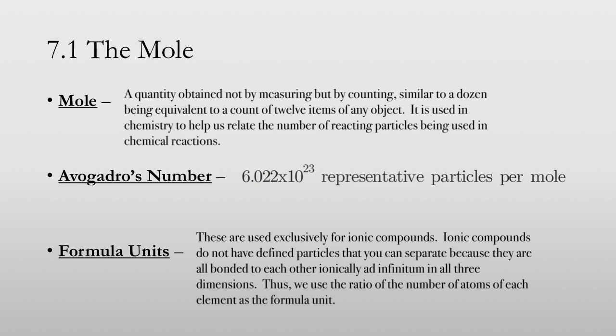The mole is actually defined as having exactly 6.022 times 10 to the 23rd particles. Okay, and so that is Avogadro's number. Amadeo Avogadro came up with this. He understood that there were that many particles in exactly 12 grams of carbon-12.